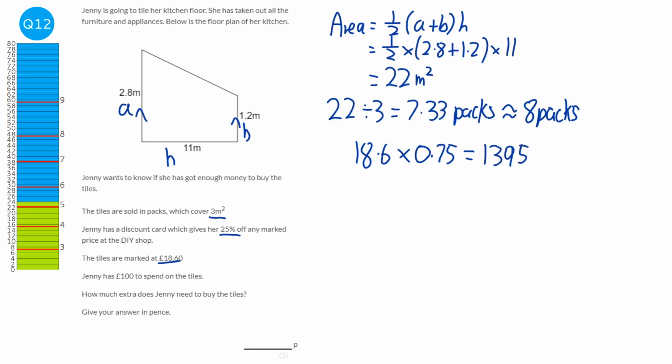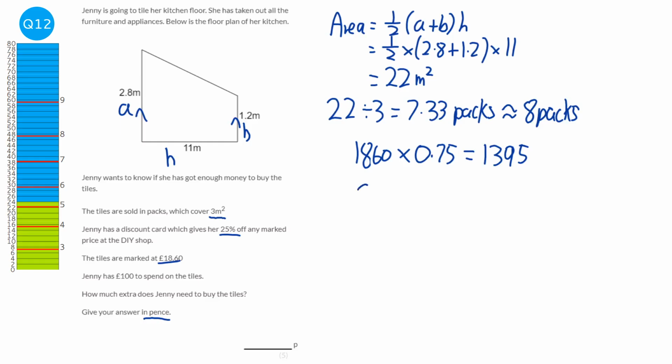Now I've done this in pence and I've kind of muddled it together here, so really let's just go back. So that would be 1,860 times 0.75, and so each pack will cost 1,395, and the reason we're doing this in pence is the answer needs to be given in pence, so I might as well make that conversion now.